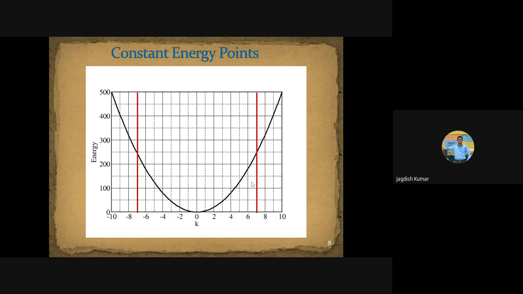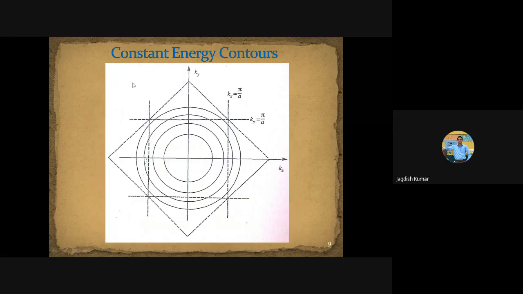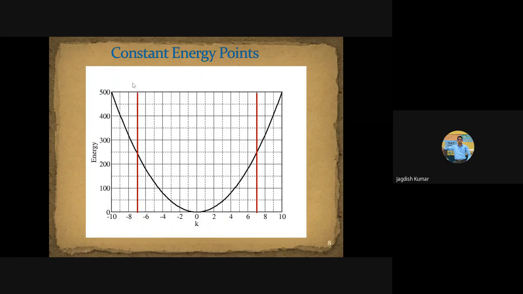So what will be 2 pi by a? 2 into pi, which is 3.14, so this is going to be 6.28. So this represents 2 pi by a on the plus side and minus 2 pi by a on the minus side. Correct?